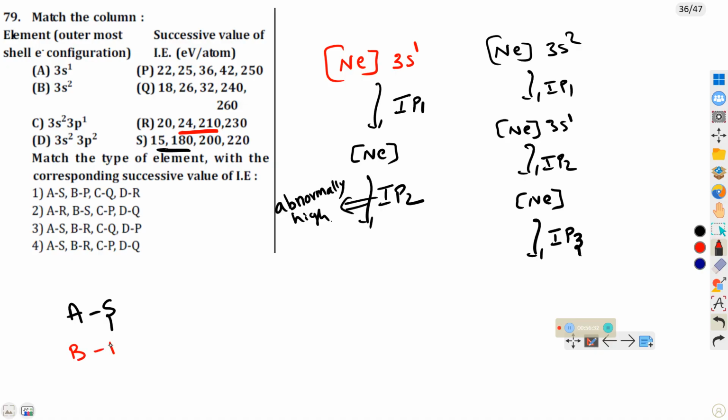B matches with that. As for C, still two options chance is there. Neon 3s2 3p1.